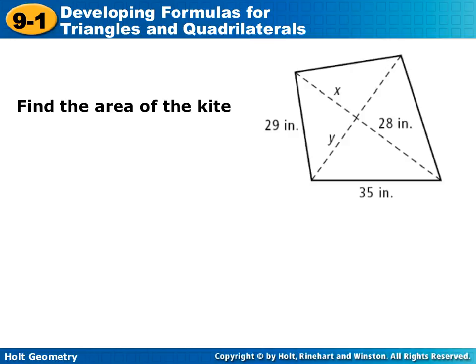Draw in your perpendiculars at the center. Draw in the diagonals and put the perpendicular markings. That will show you there are right triangles. I'm going to go on the board here so I can do some drawing.